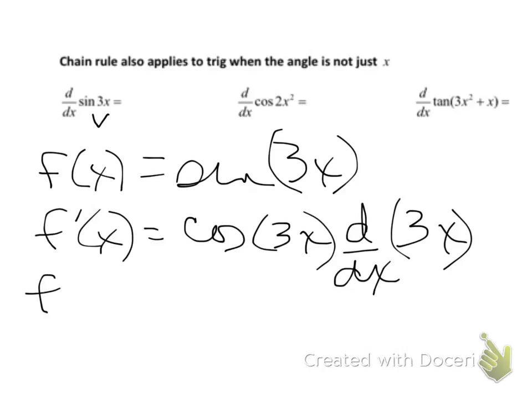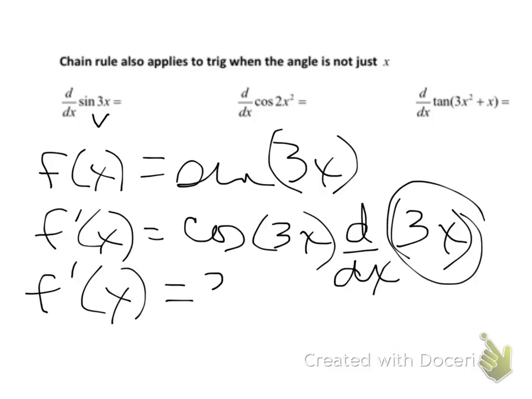So therefore, my derivative will be, this is going to be 3 right here, so I can bring the 3 in front, 3 cosine 3x. That's what that derivative is going to be, because not only did I take the derivative of the trig function, I then took the derivative of the angle.